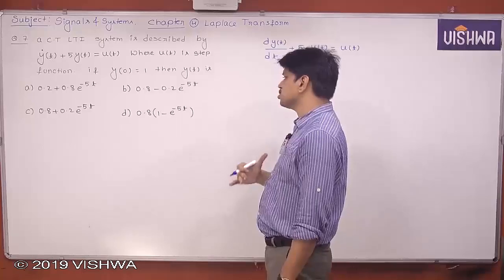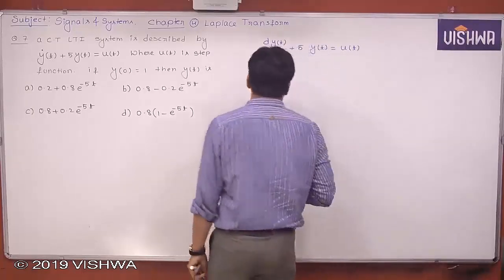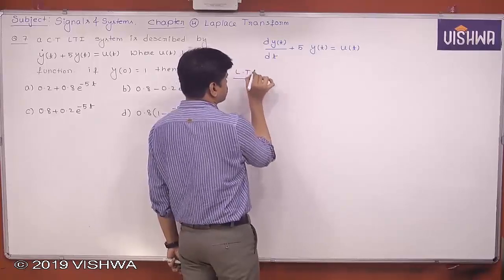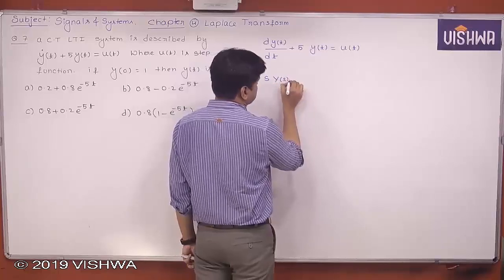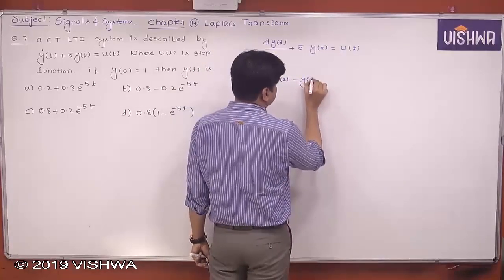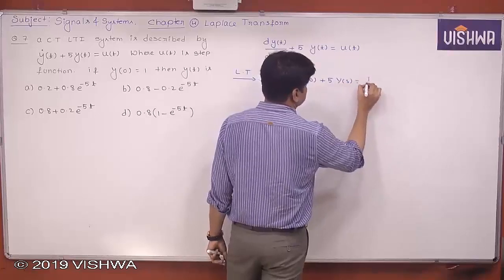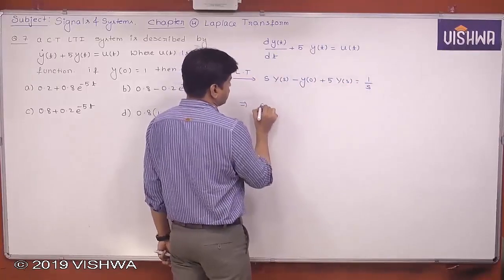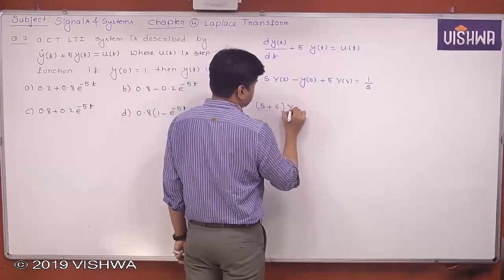Initial conditions means it is a unilateral Laplace transform. So if I take the Laplace transform on both sides, this is going to be s Y of s minus y of 0 plus 5 Y of s is equal to 1 by s.